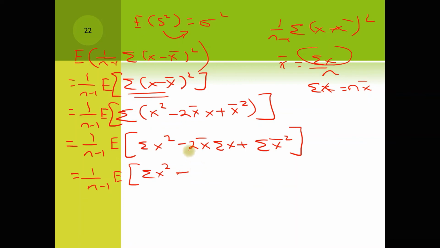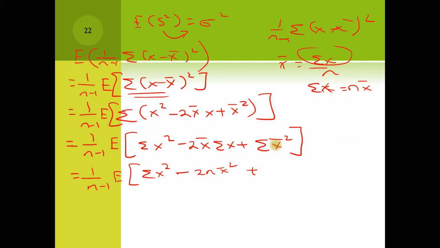So in the end, you will see that this turned out to be nx bar squared, because you have nx bar times 2x bar, it becomes 2nx bar squared, plus x bar. If you're summing a certain constant x bar, you have only one possible x bar that you get when you're doing something.